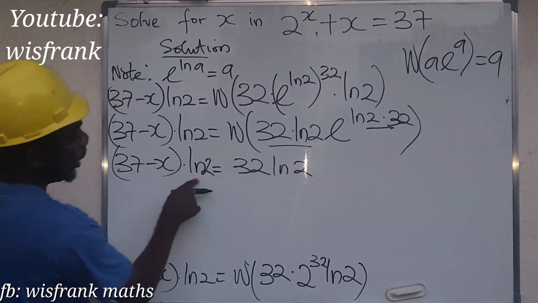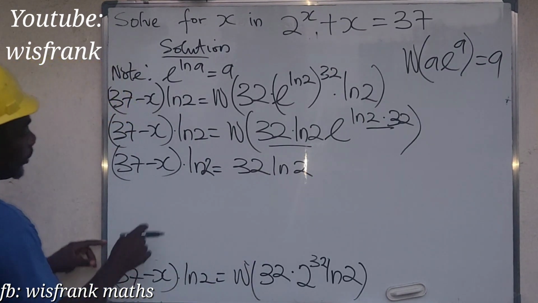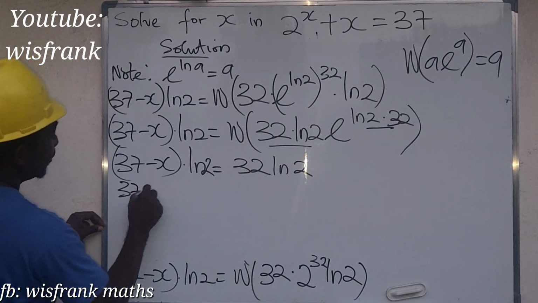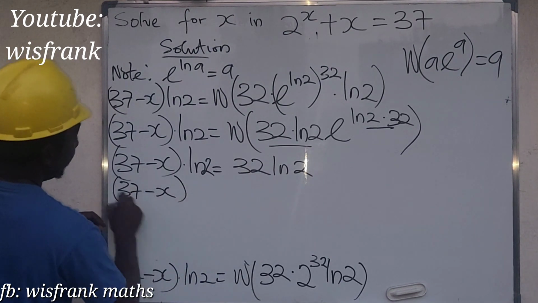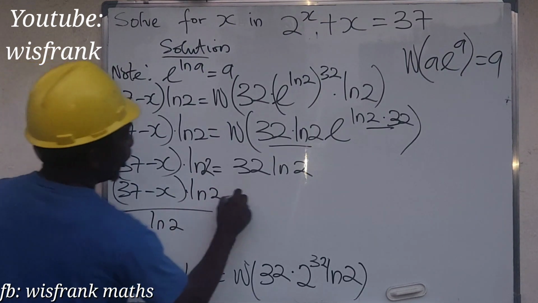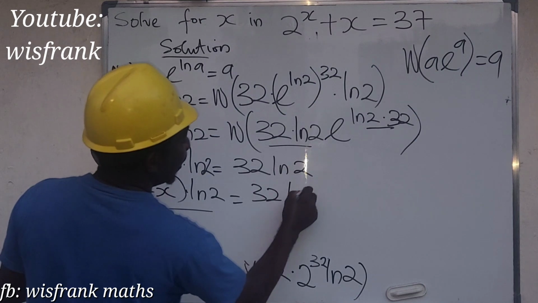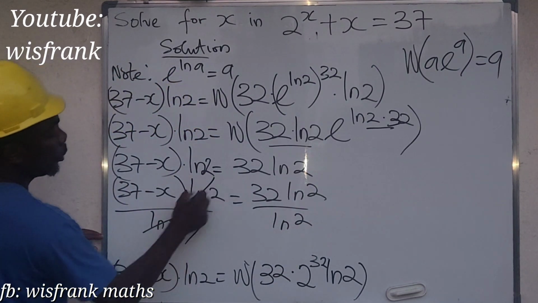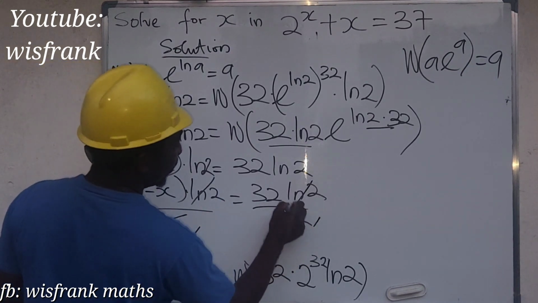In this case, ln of 2 will cancel each other, or we say divide all through by ln of 2. So we have (37 minus x) times ln of 2 all over ln of 2 equals 32 ln of 2 all over ln of 2. So this one will cancel here and this one will cancel here.